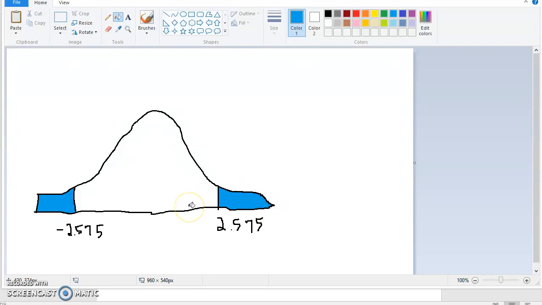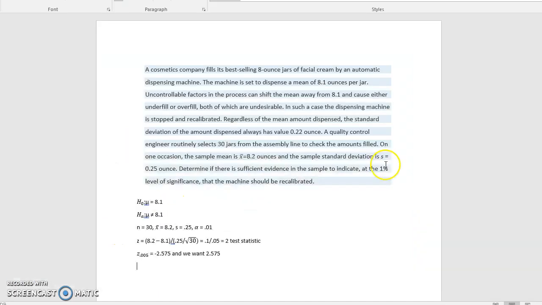All right, but our test statistic gave us 2, and 2 would be in here somewhere to the left of the 2.575 and certainly way away from this value over here on the left. So it's not in the rejection region.